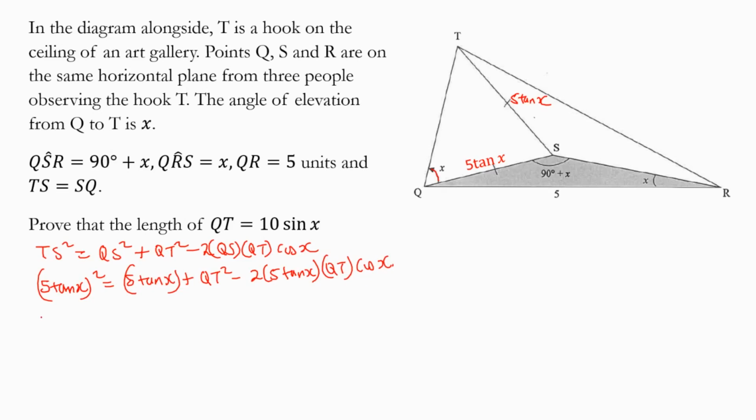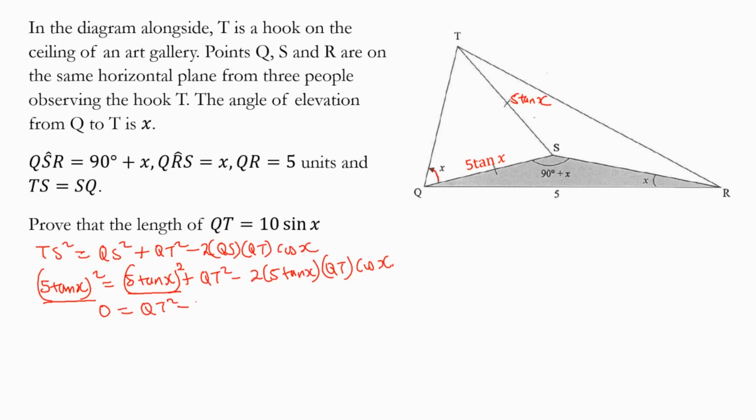Alright, and then what we do, okay, here I made a mistake, it should be 5 tan x squared, sorry for that. And then if you check, we have 5 tan x squared here, 5 tan x squared here, so it means if you transpose here, it's going to be negative 5 tan x squared, then they'll cancel each other out, so we remain with 0 this side, equals QT squared minus 2.